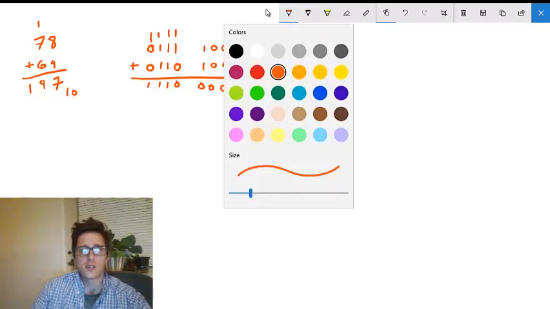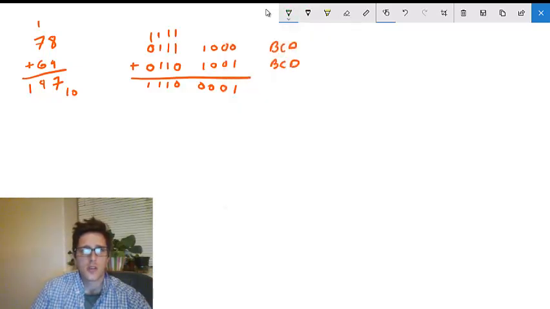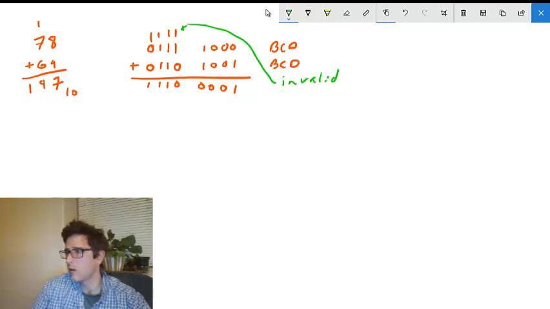Now, notice that there are 2 things. This is invalid because we carried the 1 here. Okay, so your book will use CY, invalid CY. And then this is invalid.